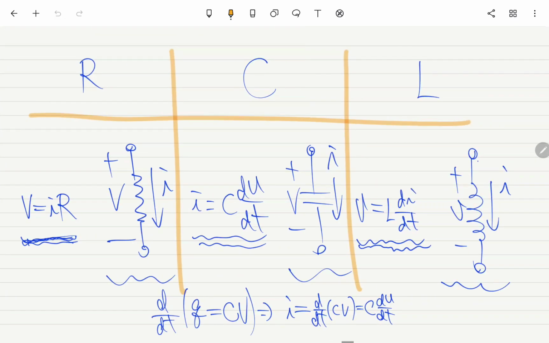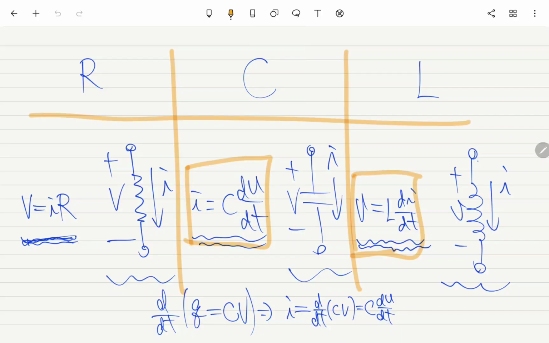So this is the case. And then you can also see here the V and I relationship for the C and L are also somehow like a duality. Replacing C and L, you just exchange V and I. So somehow they are like opposite to each other.